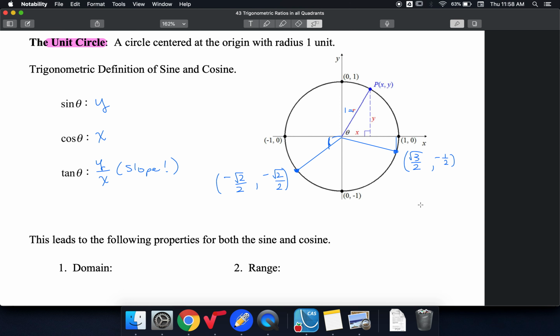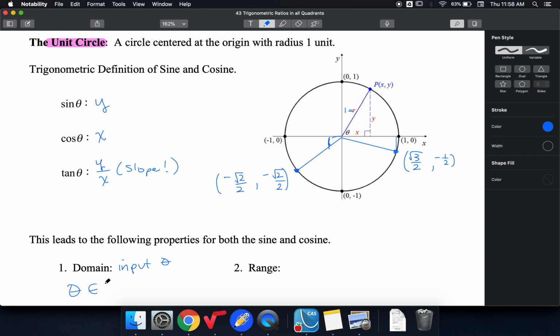But the unit circle can also help me think about these properties. So if I go around the unit circle thinking about my sine and cosine values, my domain is the input of those functions. So the input is theta. Well, theta has no restriction. I can go around as many times as I want in the positive or negative direction.